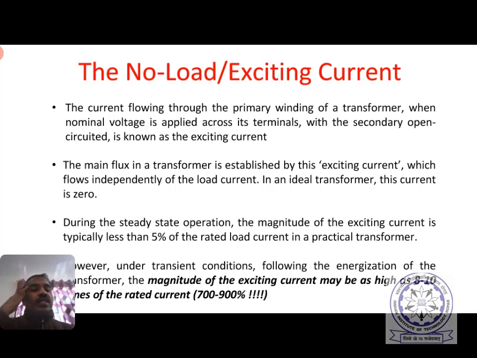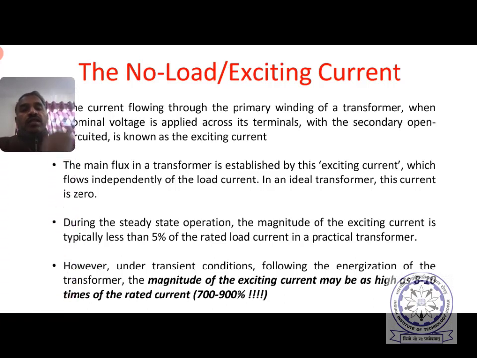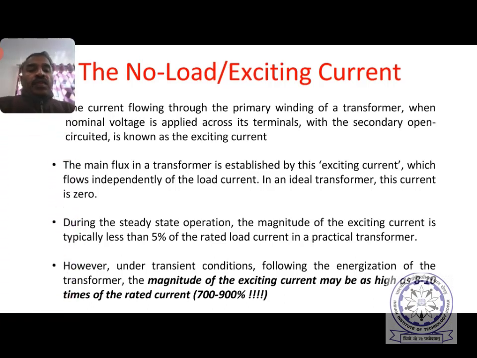The main flux in a transformer is established by this exciting current, which flows independently of the load current. In an ideal transformer, this current is 0, but there is no ideal transformer, right? So during steady state operation, the magnitude of exciting current is typically less than 5% of the rated load current in a practical transformer.